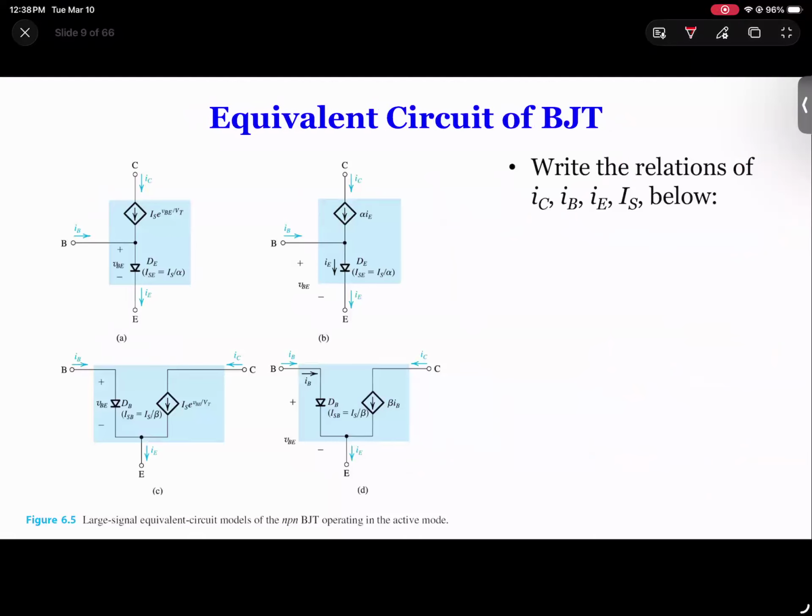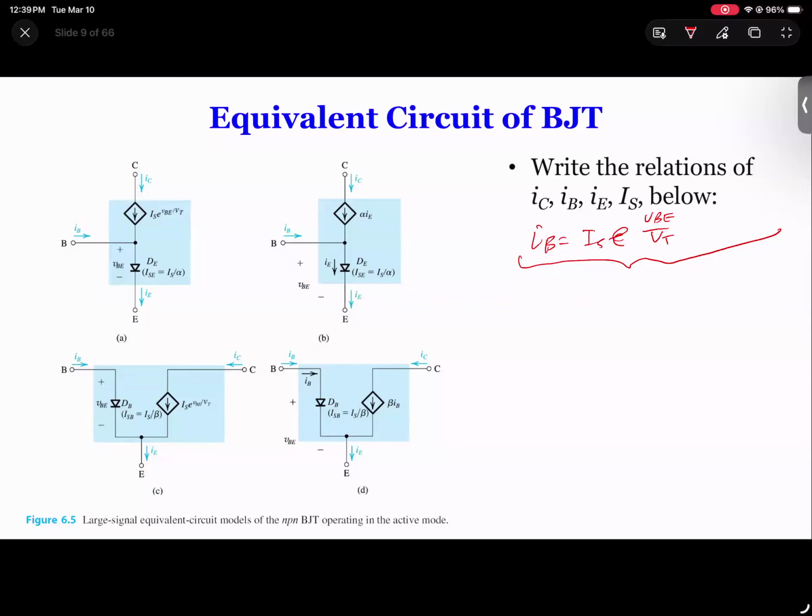Now, since there's a simple relation in active mode, we want to look at how we can represent that BJT with a model. Since we know IB, again we want to write the equations here. If we write IB equal to IS times e to the VBE over VT, what would you say about this equation?